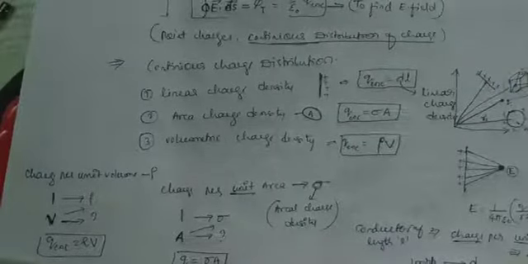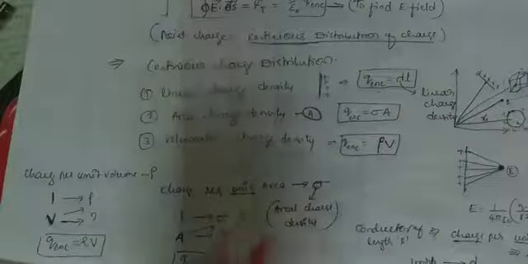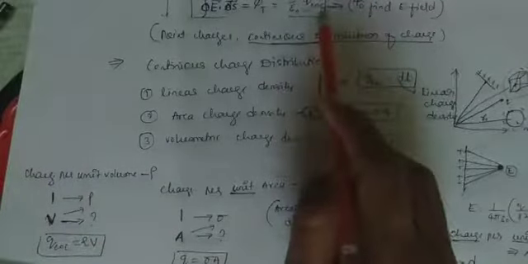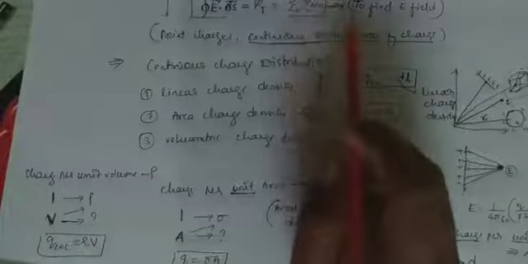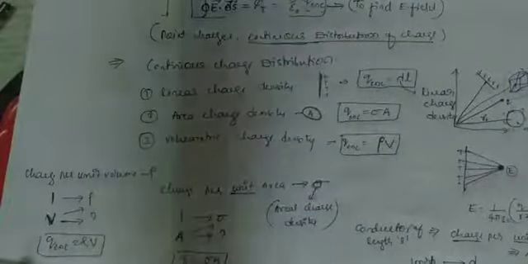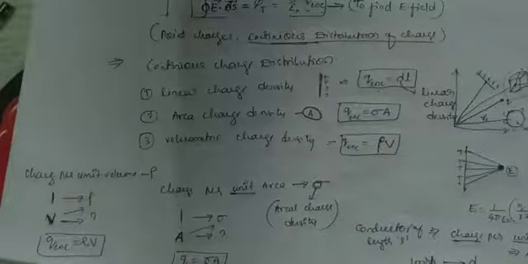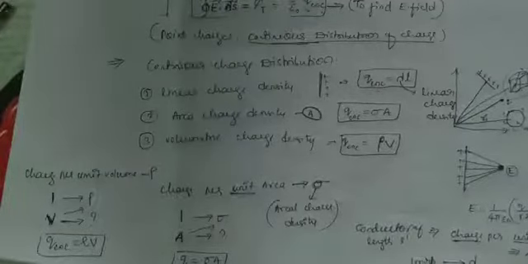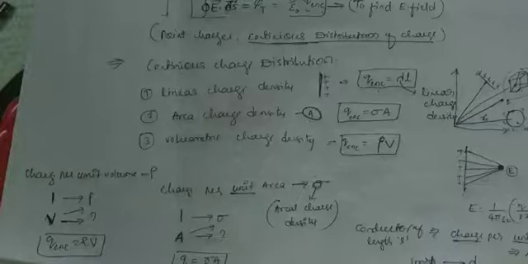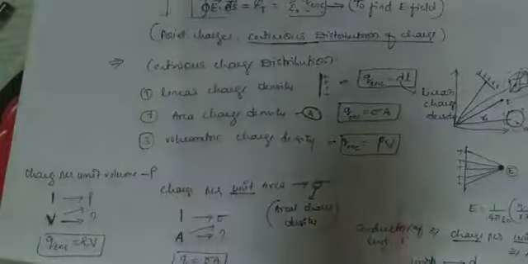So before we enter into the applications, first we have to know the charge enclosed. If you have a point charge, there is no problem. If the charge is distributed continuously on a conductor having some length, we use the linear charge density lambda.